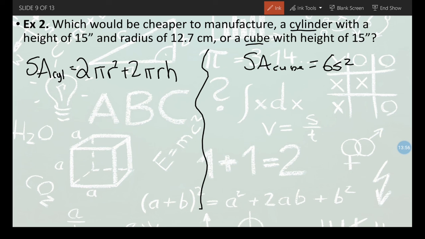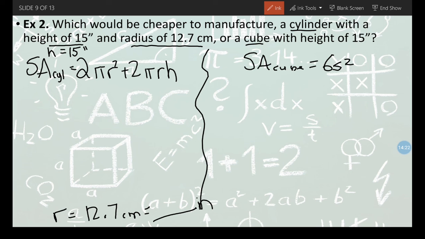Let's see if we know what r and h are before we start plugging numbers into this formula. It says a height of 15 inches, so h is equal to 15 inches. This one says a radius of 12.7 centimeters. That's a bit of a problem because I need all of the units to be consistent, so I need to change that to inches.